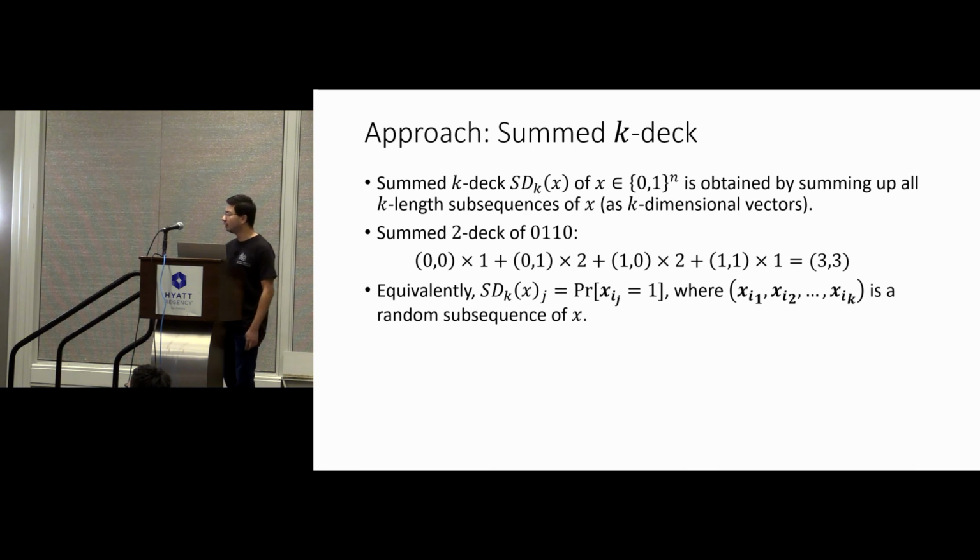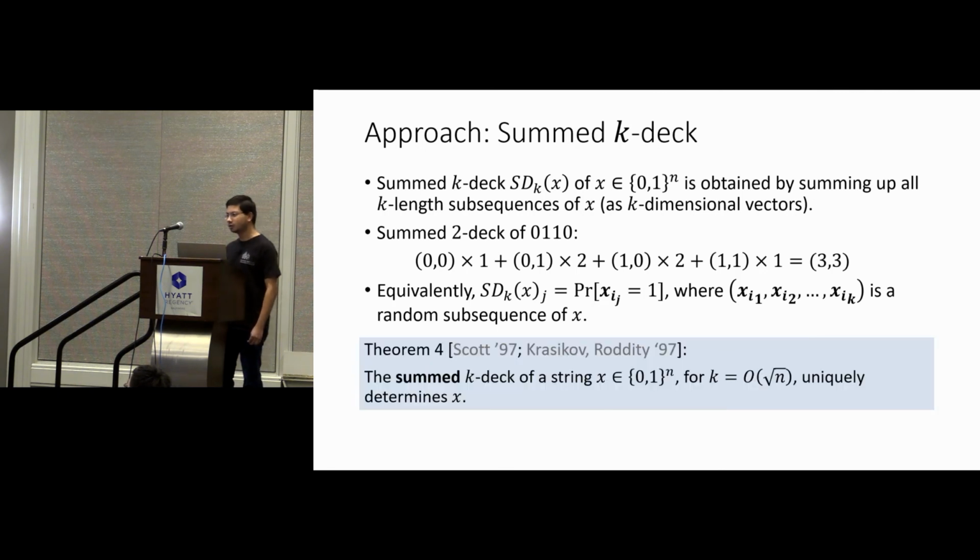Equivalently, it's the probability that if I take a random subsequence of length k from the string, the jth entry in the subsequence is 1. So the summed k deck is a vector of length k such that the jth entry is that probability.